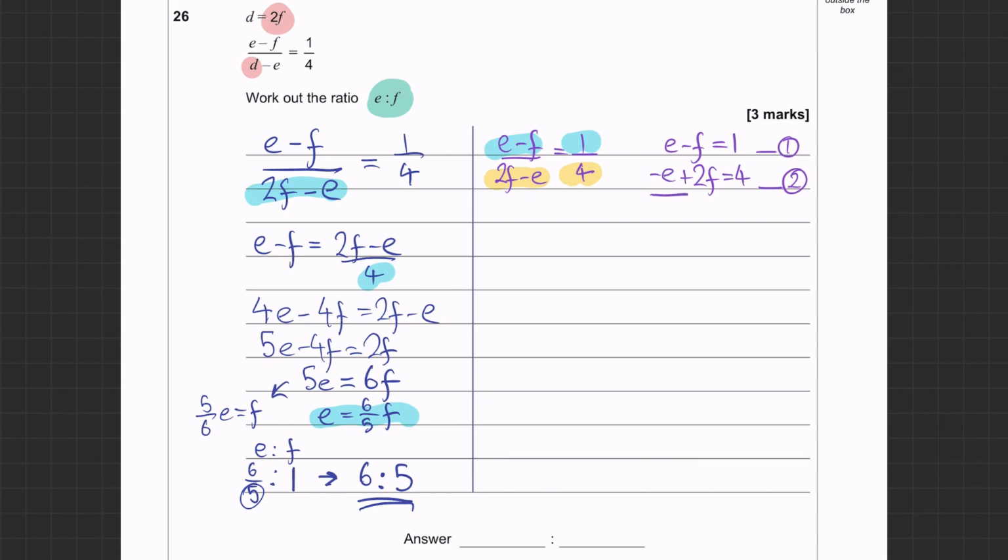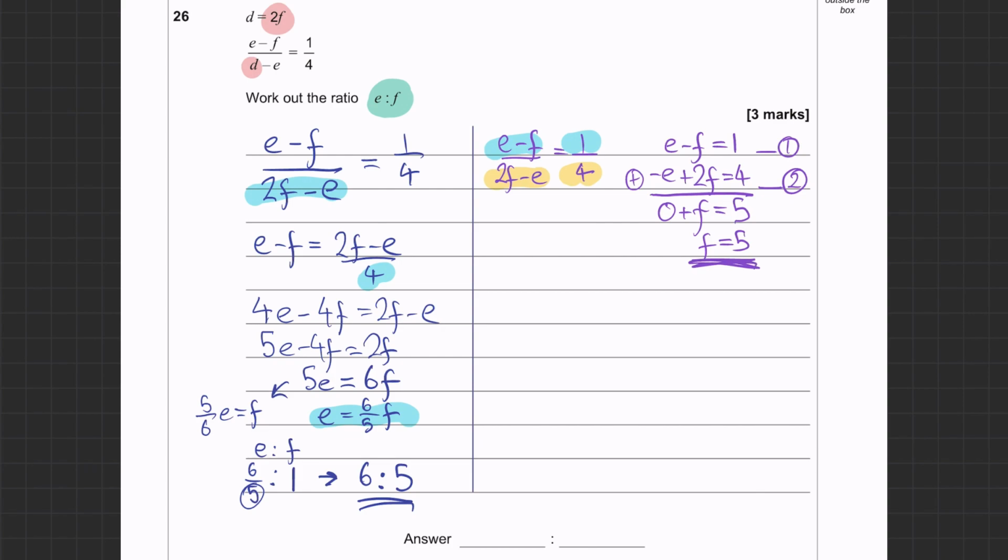And what we can do, we can actually add these two equations together because e plus minus e equals 0. So we'll have e add minus e, or e take away e, equals 0. Minus f plus 2f equals just 1f. 1 plus 4 equals 5. So already we found out that f equals 5.